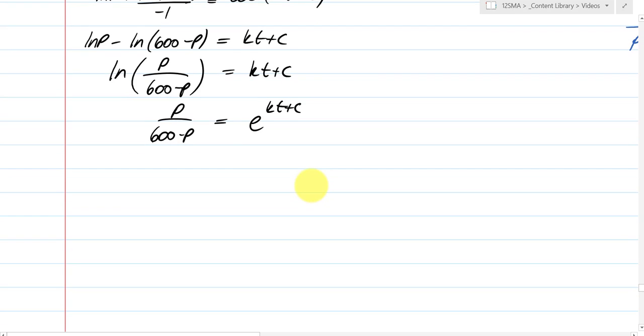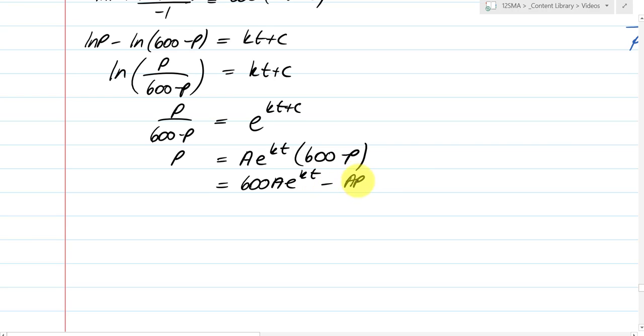I change the plus c into an A, multiply out, P is equal to A e to the kt times 600 minus P. Expand, and I get that's equal to 600 A e to the kt minus A P e to the kt.